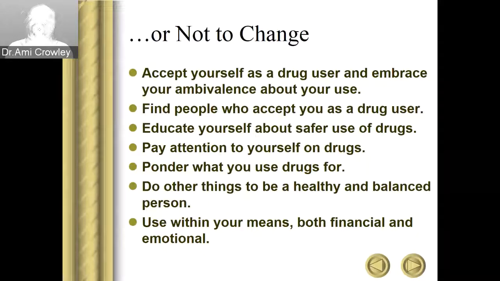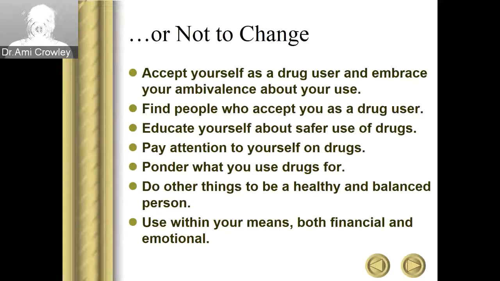They can pay attention to themselves when they're under the influence of drugs or alcohol or other addictive behaviors, including evaluating what they're doing, how they're behaving, how it changes their emotions, their attitudes, their approach. They can spend some time pondering what they're using or engaging in addictive behavior for.